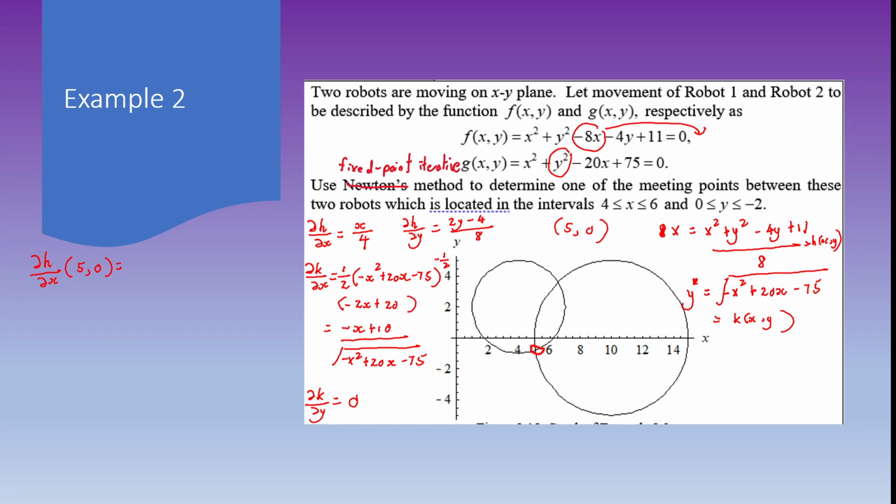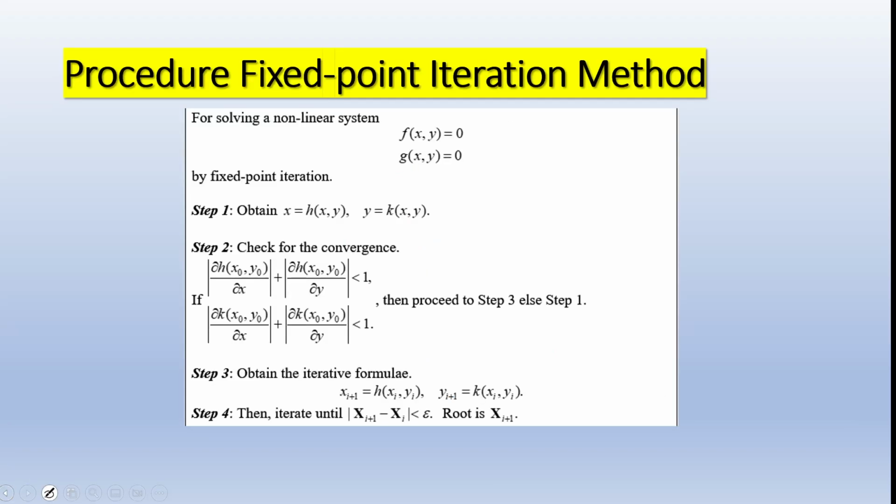Oh, this value is greater. See? When I put x is 5, 5 divided by 4 is 1.25, already greater than 1. Following the criteria, when you add up, the value should be less than 1. But this value is already greater than 1.